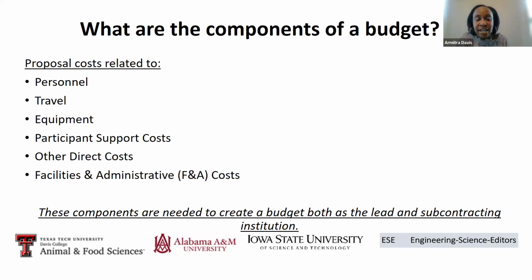We'll talk about each of these individually. It's also important to remember that these categories must be considered regardless of whether you are the leading or the subcontracting institution. All of these must be considered.